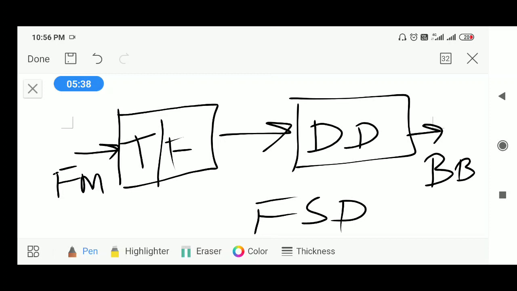So FM signal cannot be converted directly into modulating signal, but they take the help of transformer and also diode detector. So FM signal is converted into baseband signal in two stages.